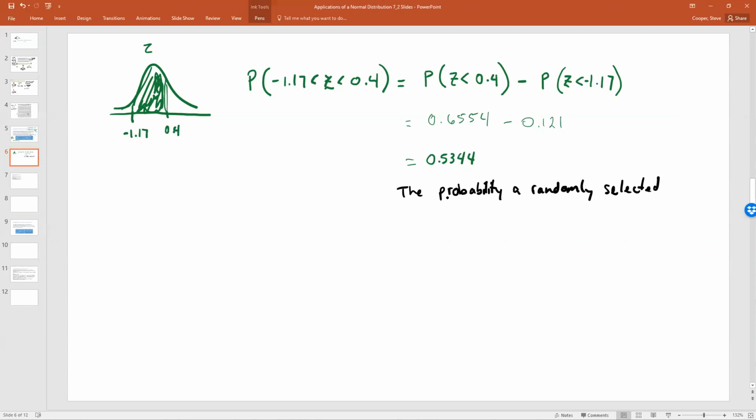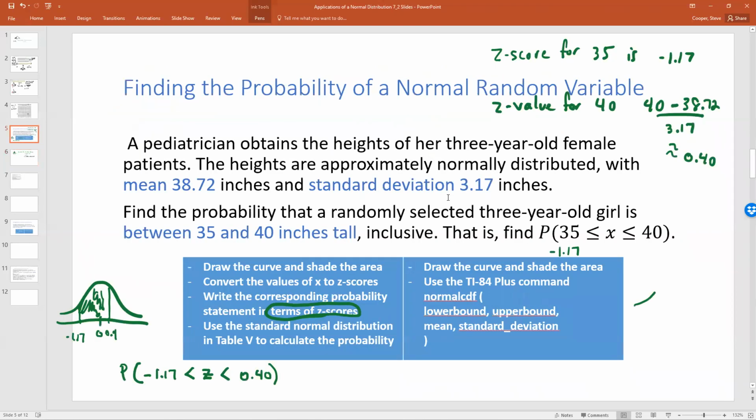Okay, so the probability of the randomly selected 3-year-old girl is between 35 and 40 inches tall.